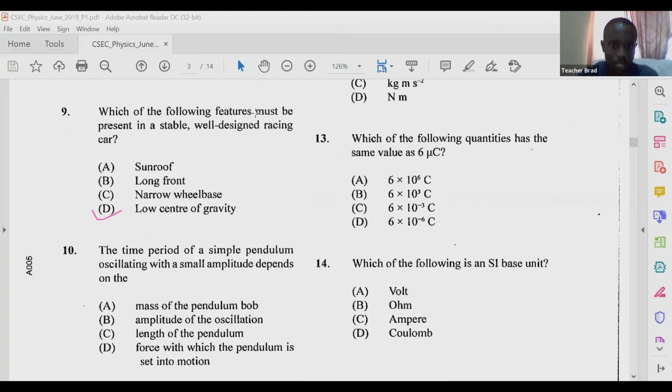So that helps the stability of the car. All right, we'll clear that part.